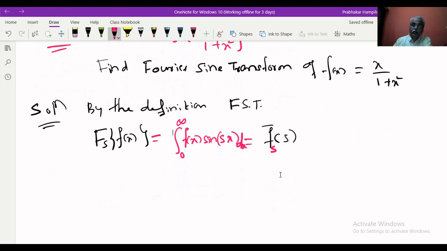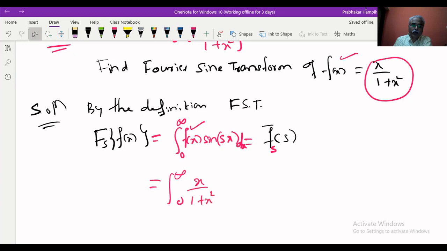Now simply, you will have to substitute the value of f of x here. So shall we do that? This is equal to integral from 0 to infinity of x by 1 plus x square sine of sx dx. Now to find this, I'll take the help of the previous example.